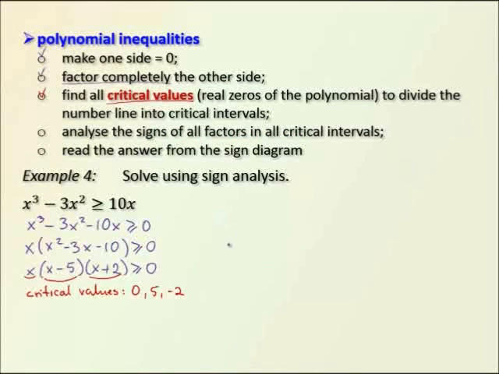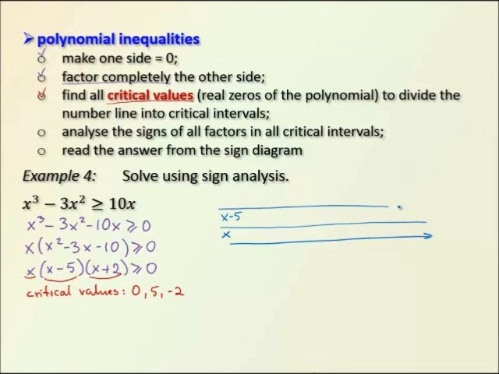We are going to draw the number line, maybe somewhere here. List all the factors. So list x in one row, x minus 5 in the next row, and x plus 2 in the following row.